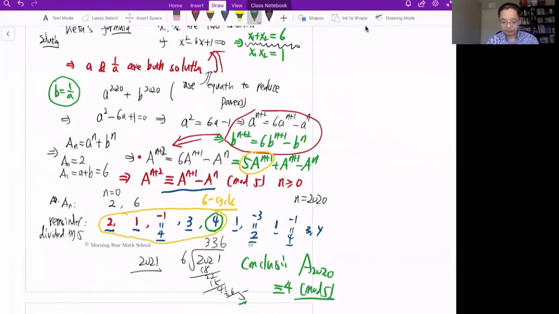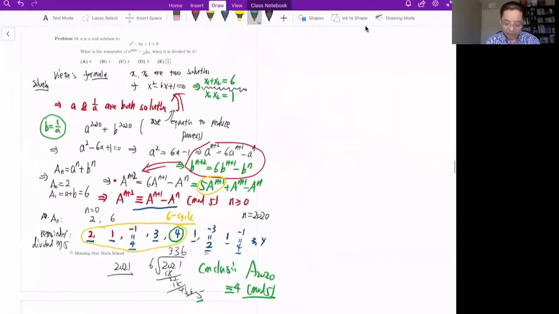Now, if we review the solution, what are the key points? The first key point is we realize if A is a solution, then 1 over A is also a solution. And then we are able to use the equation to reduce the power, to reduce to the previous one. If you just care about the remainder when divided by 5, we have this recurrence relation.